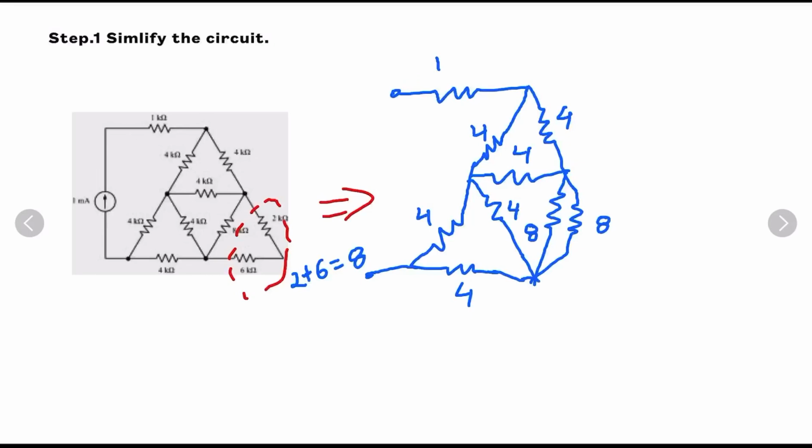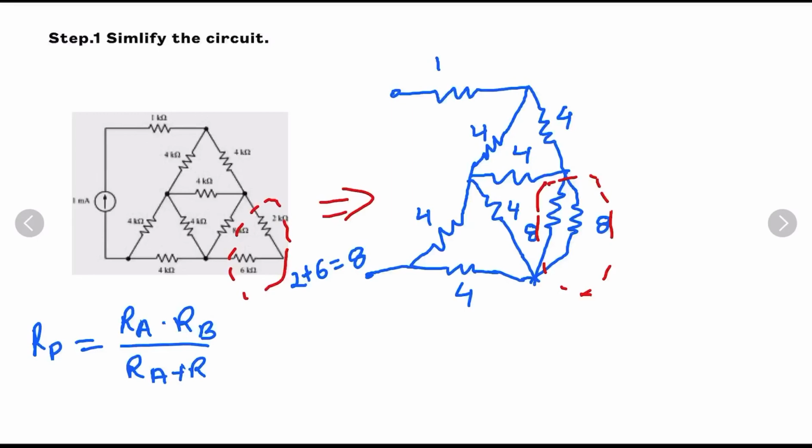Now we can easily identify that these two branches are in parallel. Now we will apply the parallel formula. If you remember, R parallel for two branches is equal to the multiplication of resistances divided by the addition of resistances.